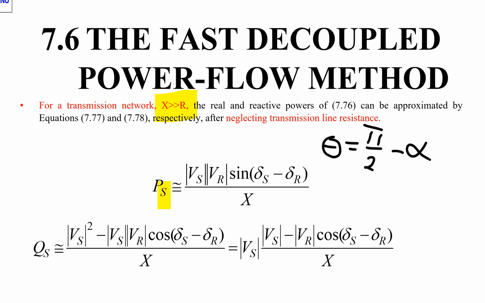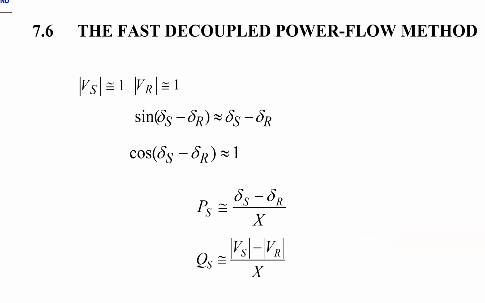That means we can represent it with the 90 degrees here, and because of some trigonometric function, it becomes sine here and cosine here. I will come back to that when we develop the equations for the Newton-Raphson method and Gauss-Seidel. So this is important to remember.